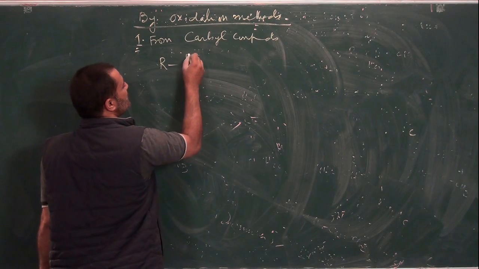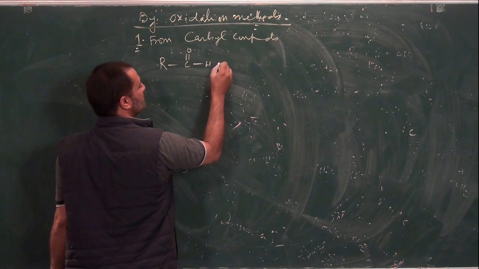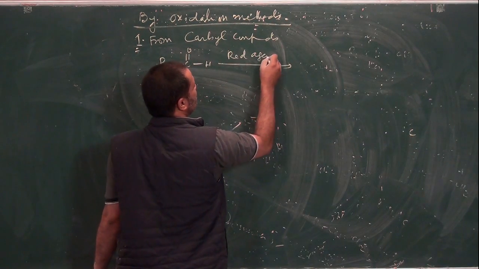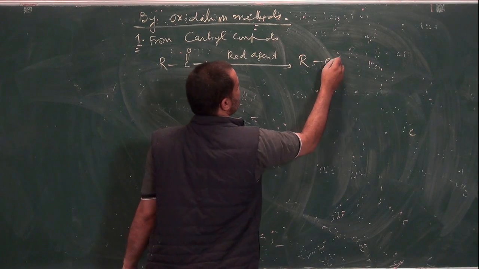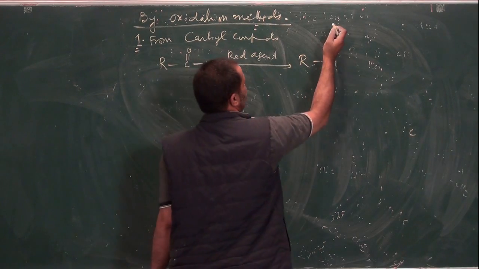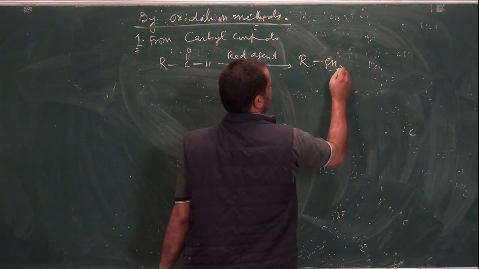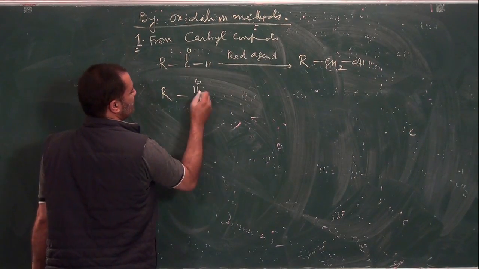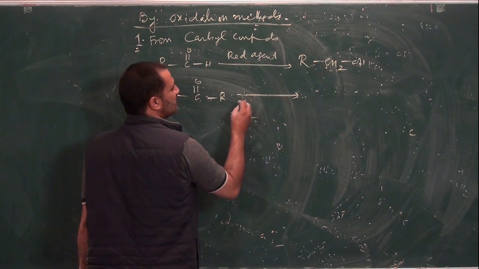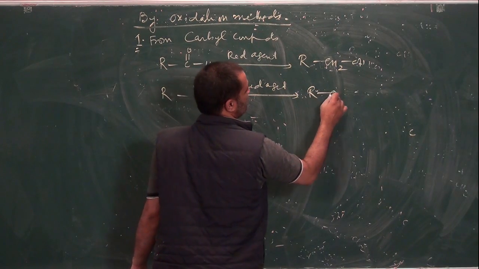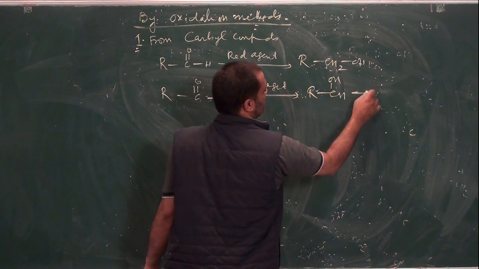RCHO with a reducing agent gives RCH2OH, and RCOR with a reducing agent gives RCHOHR.